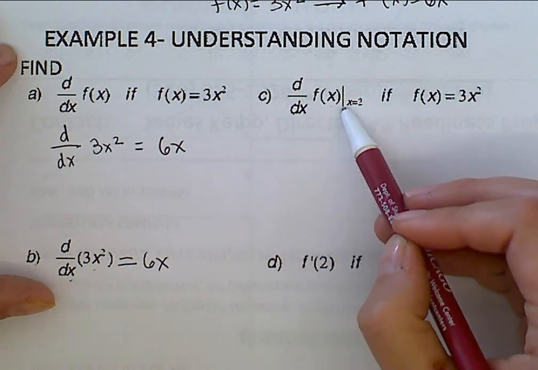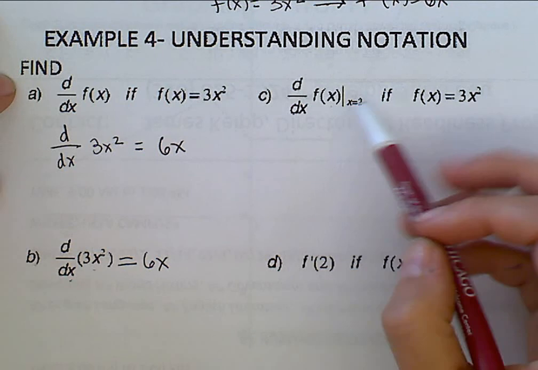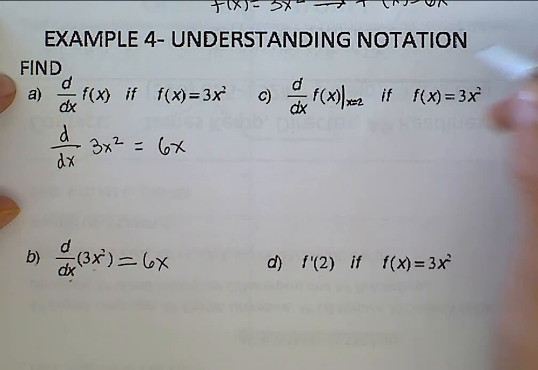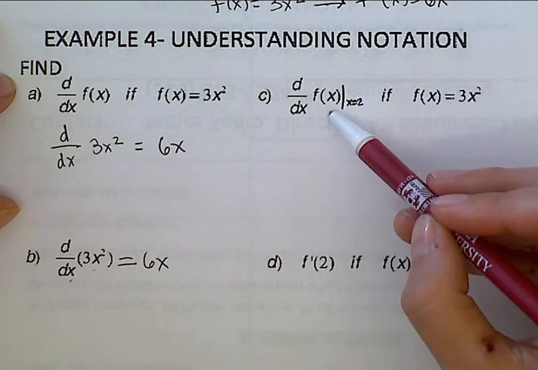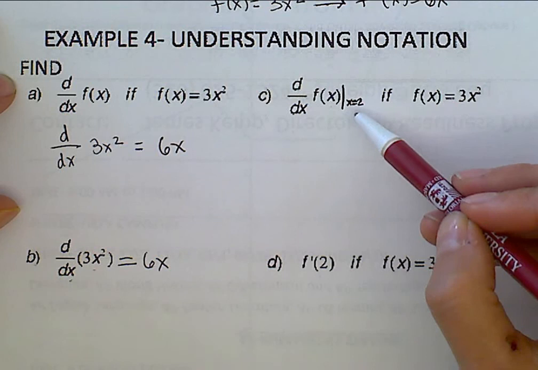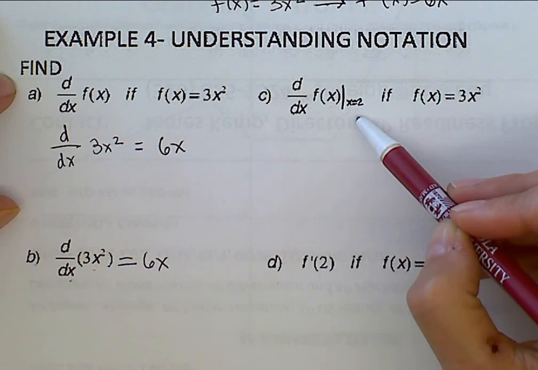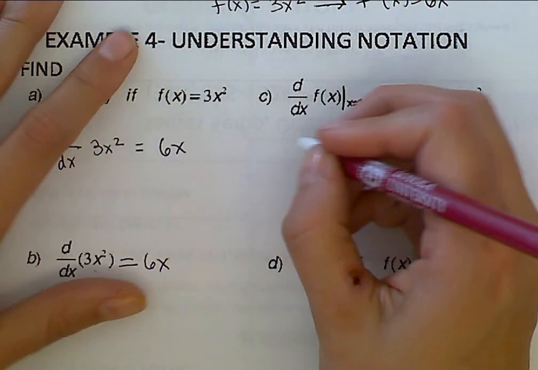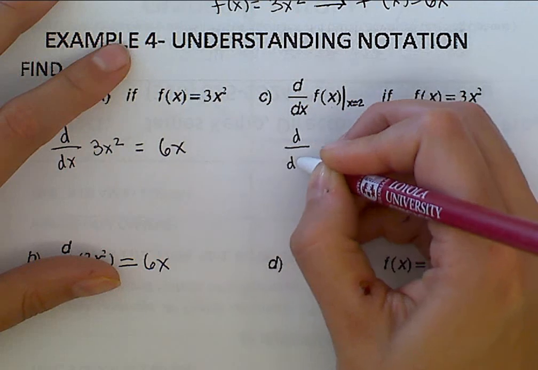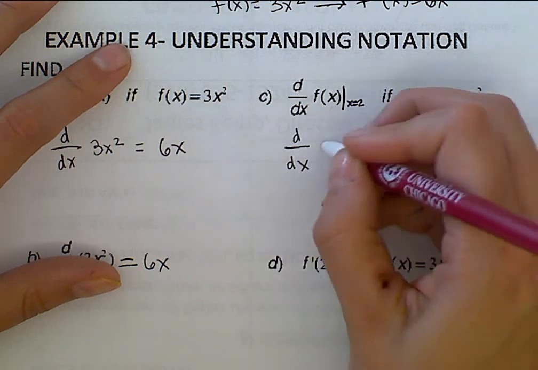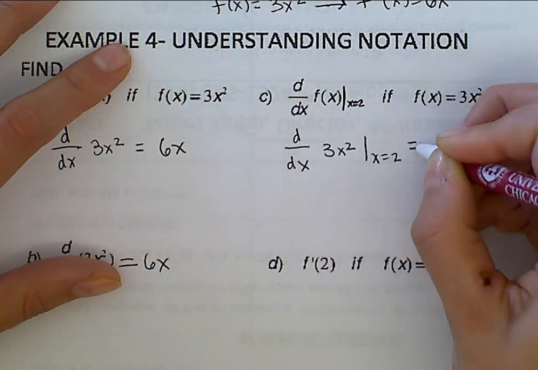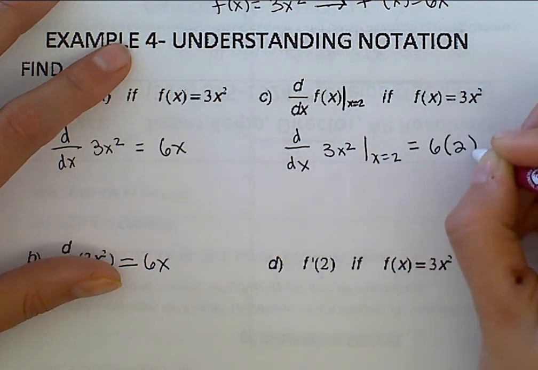Part C is very similar to part A, except here they have this little line and then x equals 2. So this is saying find the derivative and plug in x equals 2. So this is going to be equal to d dx of 3x squared when x equals 2, which equals 6 times 2, which is 12.